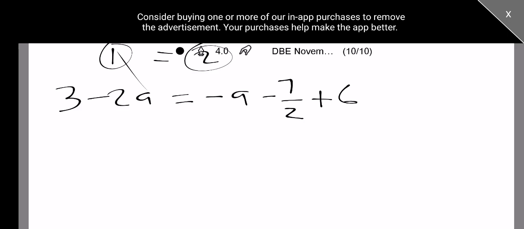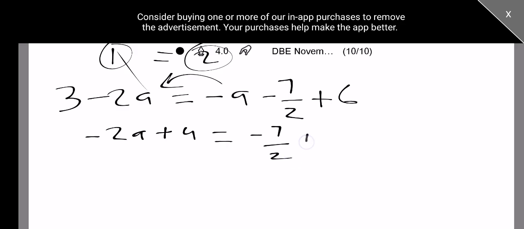Let's take all the variables this side and all the constants the other side. So we're going to have negative 2a plus a, because the a is going to become positive, equals negative 7 over 2 plus 6 minus 3.